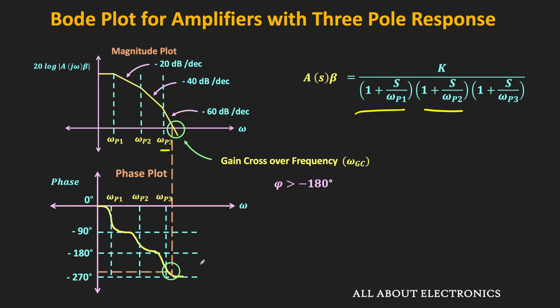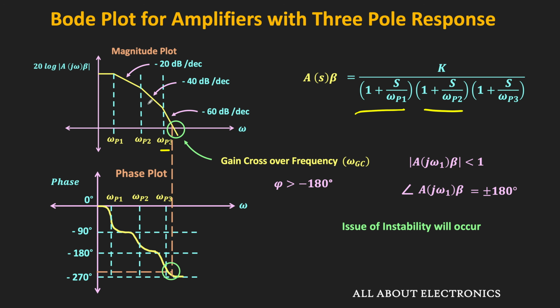Because if you see the condition for stability, then for a stable response, A beta should be less than 1 when the phase reaches minus 180 degree. In this case, when the phase reaches minus 180 degree, A beta is greater than 1. Therefore, the issue of instability will occur.